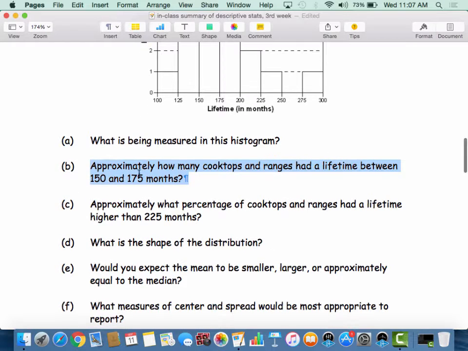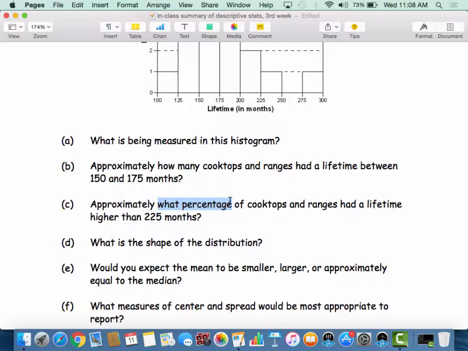Part C, stop me if you have any questions. Part C, approximately, okay, this is a good one. Approximately what percentage? Okay, pay attention to little words like that. If they ask for a percentage, you better give them a percentage.